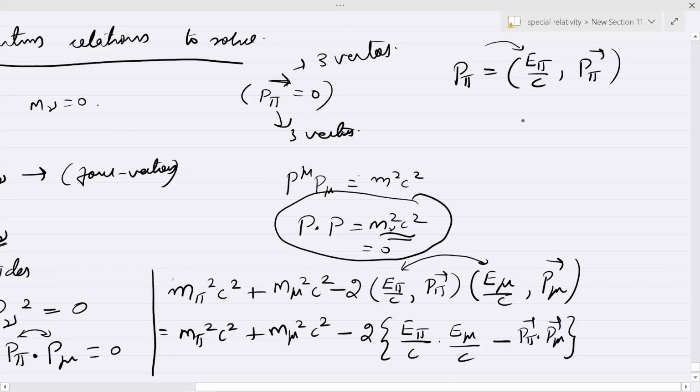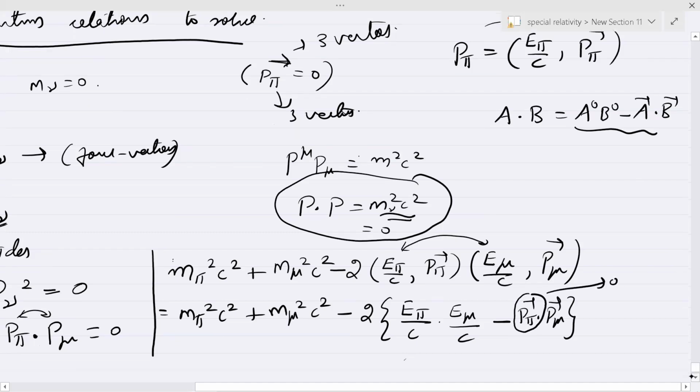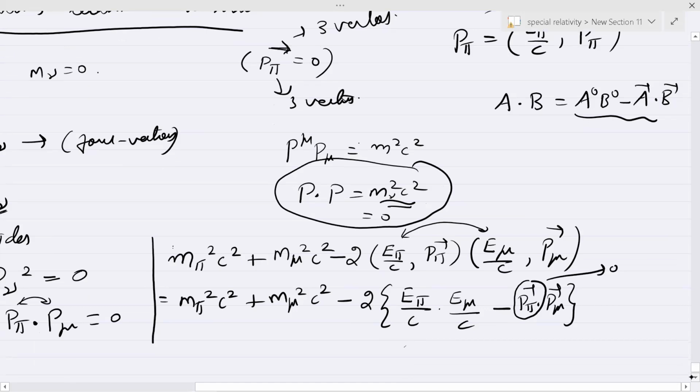Am I right? Because we said that a dot b is equal to a0 b0 minus a vector dot b vector. That's what I've used here. And now we use the fact that p pi vector is equal to 0, because it's initially at rest. It's given that it's initially at rest.